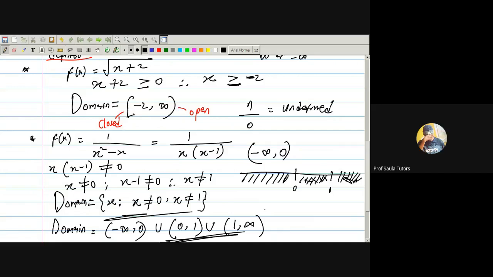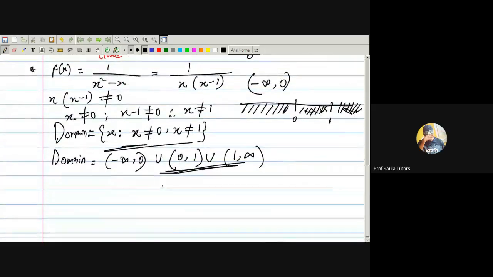Now there are some terms that you can come across. What do we call even and odd function? Do you know about even and odd function? No, sir. Okay, check it out.